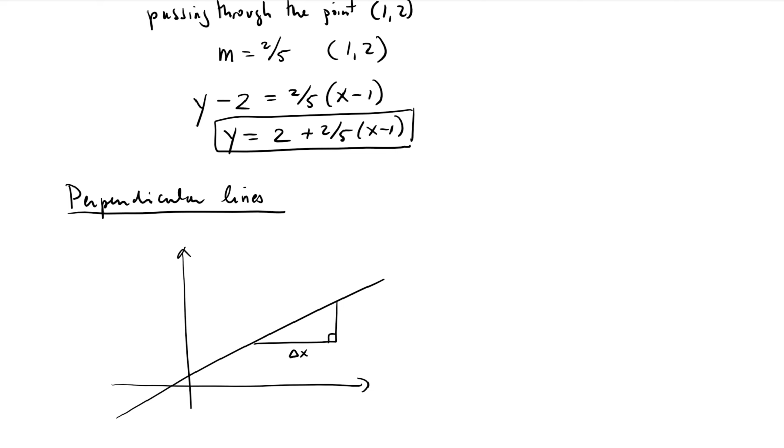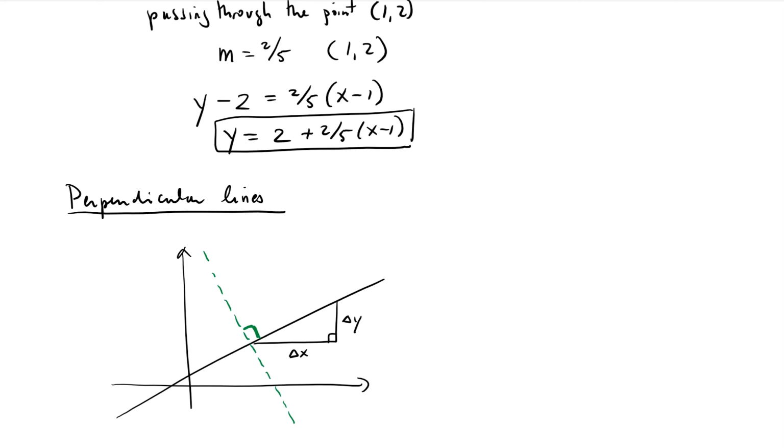This is the rise, this is the run. This is the rise. Now suppose I've got this other line here that's perpendicular to the given line. So there's a right angle here.